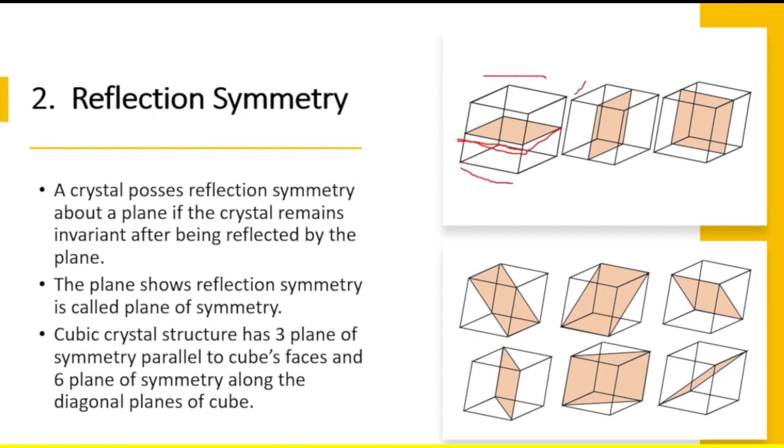Here also there is one plane which shows the plane of symmetry, similarly here. Also at the body diagonal there are six planes of symmetry. So in a cubic crystal structure there are three planes of symmetry parallel to the cube face and six planes of symmetry along the diagonal planes of the cube.